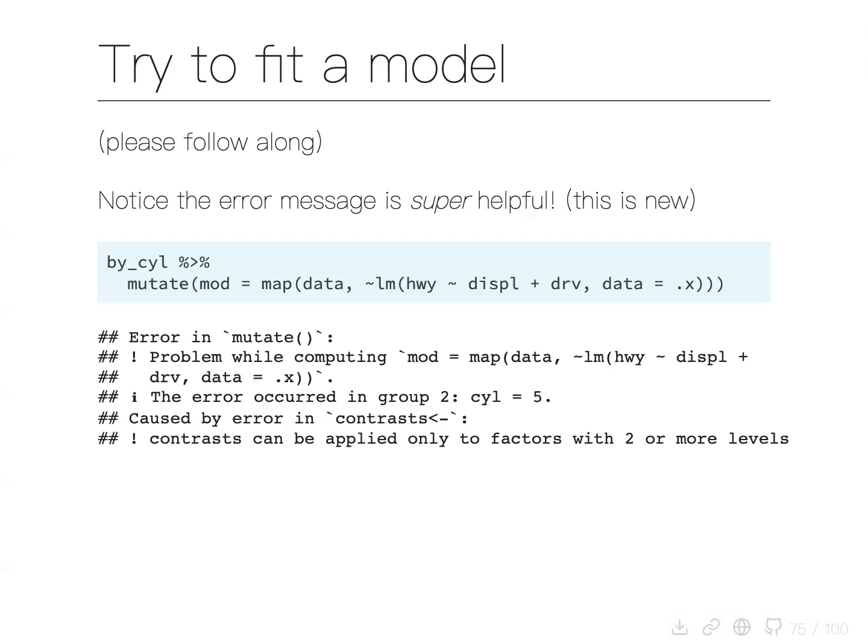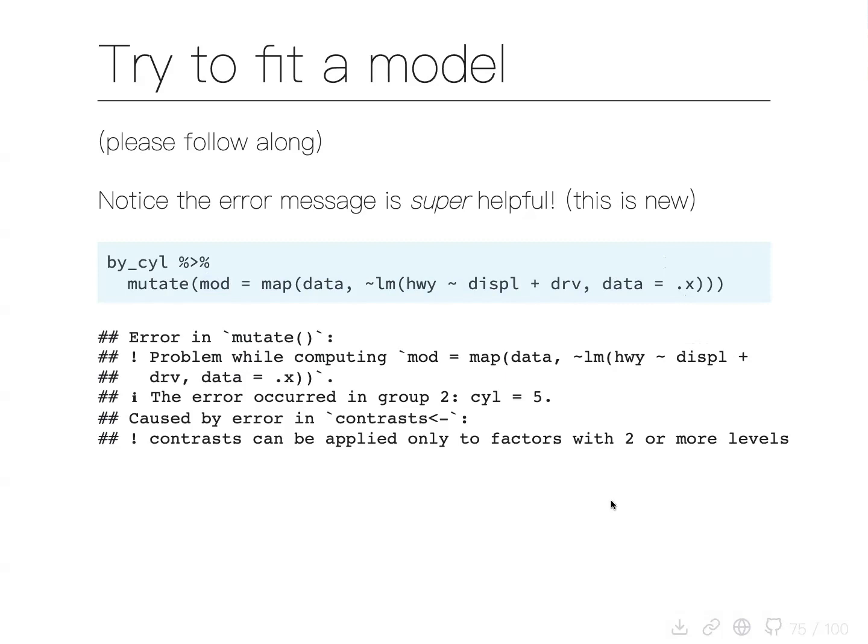I call by sil and I call mutate, creating a new column called mod, where I loop through data and apply this model, where the data is .x. However, when I do that, I get an error, and so I get none of the models back. None of them.